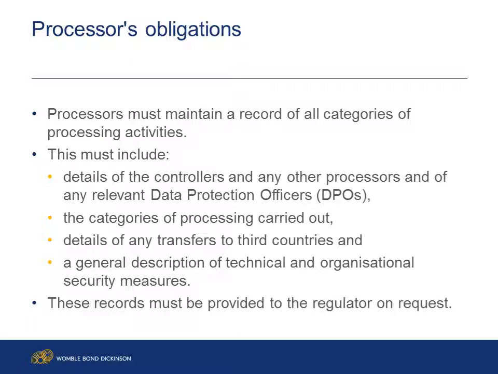They must include the categories of processing, and they must give details of any transfers of data to third countries, that is, countries outside the European Union or the European Economic Area. And the records must include a general description of technical and organizational security measures. As with the controller's records, a processor's records must be provided to the regulator on request.